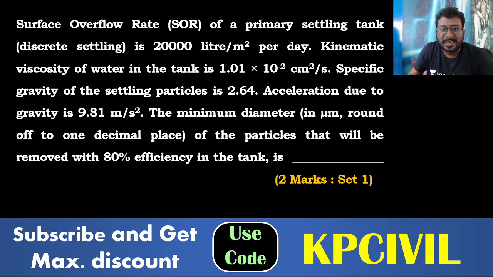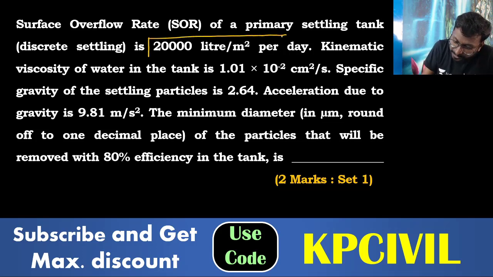This question is related to the sedimentation topic. Set 1, 2 marks question. Surface overflow rate of the primary sedimentation tank is 20,000 liter per day per meter square, V naught.